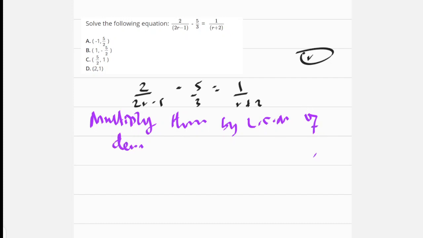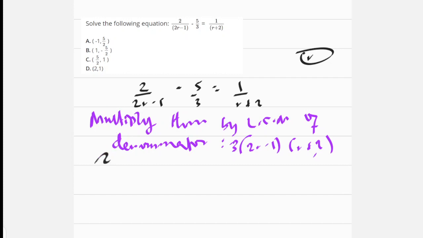And what is the LCM of the denominators? If you don't want to stretch yourself, we have 2r minus 1, then 3 is there as well, and r plus 2. You are now going to use it to multiply each of these expressions.